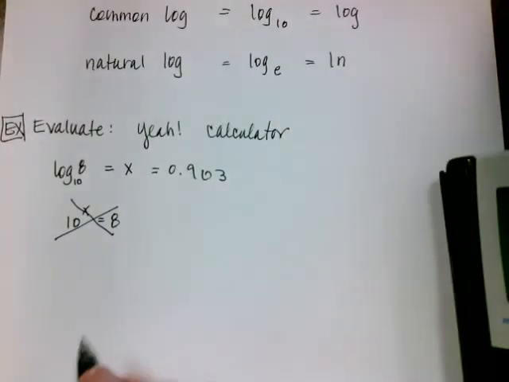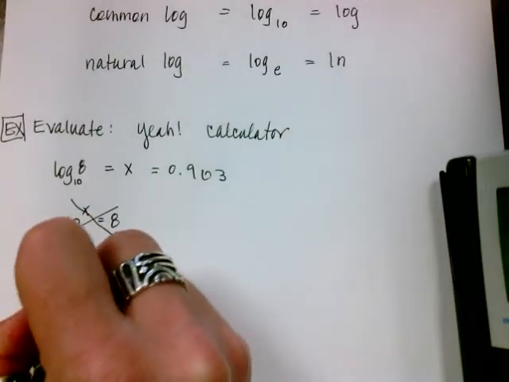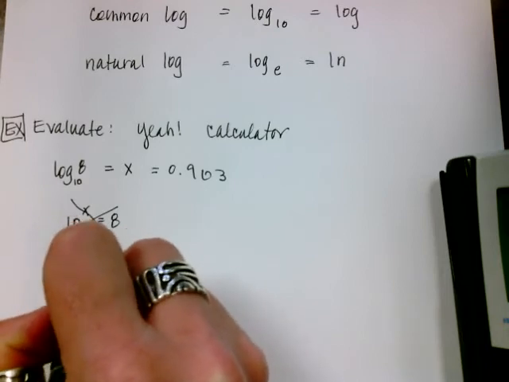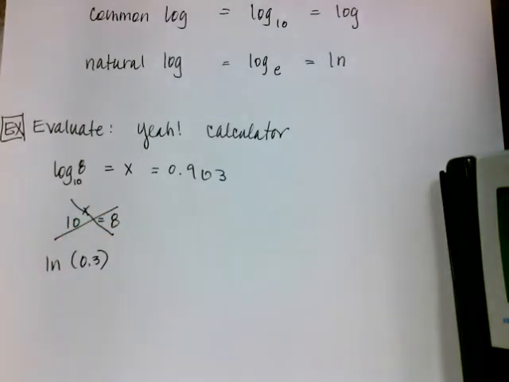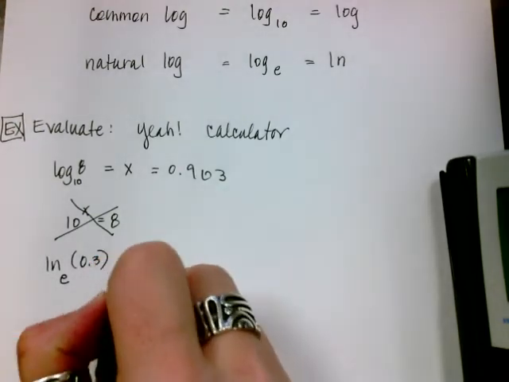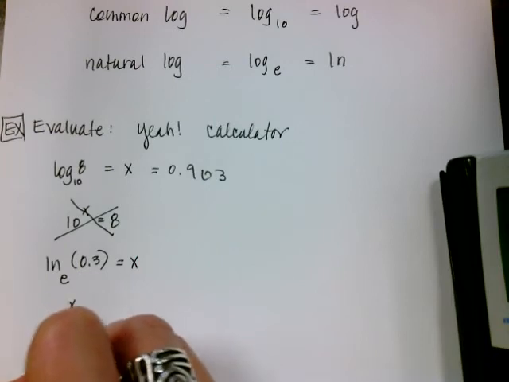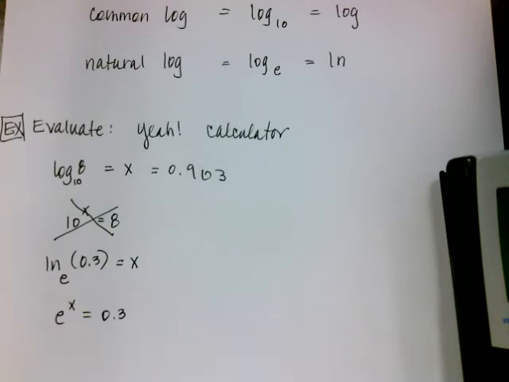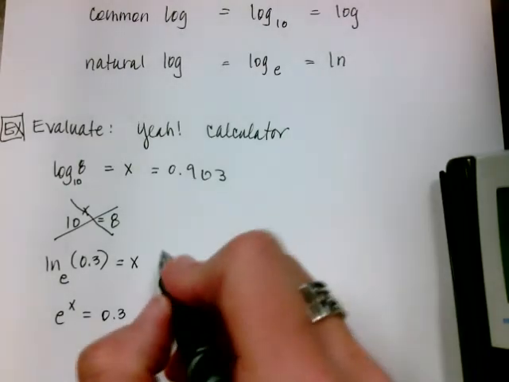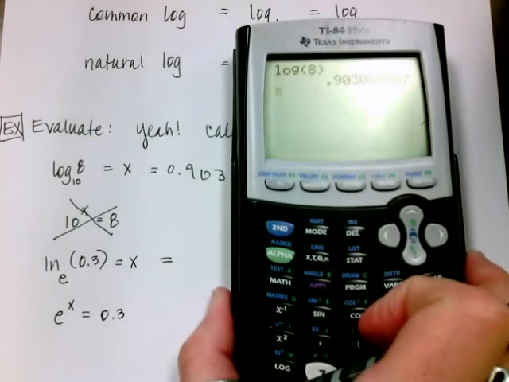The next one would be the natural log of 0.3. Again, my base, even though it's not written, is e. If I tried to do this one by going back to exponent form, I would get e to the x is equal to 0.3. Those two things aren't going to have anything in common, so I'm just going to do this in my grapher.